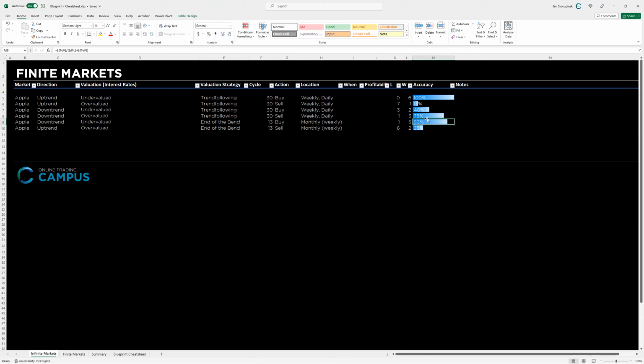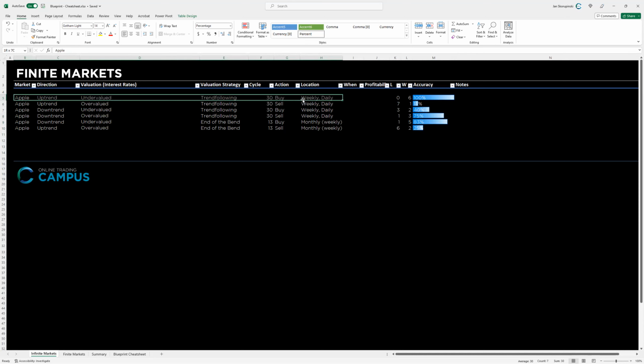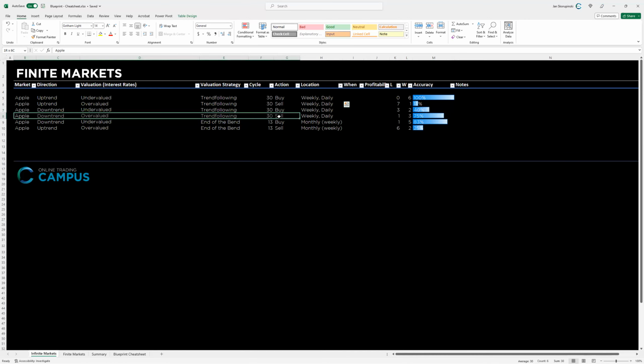So now we can argue, what are the strategies that we want to focus on? Well, I can tell you, we want to buy undervalued with the trend on the 30-day cycle. We want to sell overvalued with the downtrend, potentially. We want to look to buy when we get a 13-week undervalued reading as well.